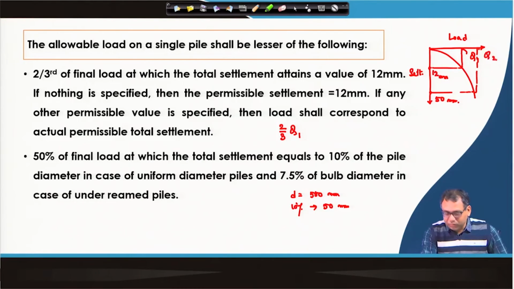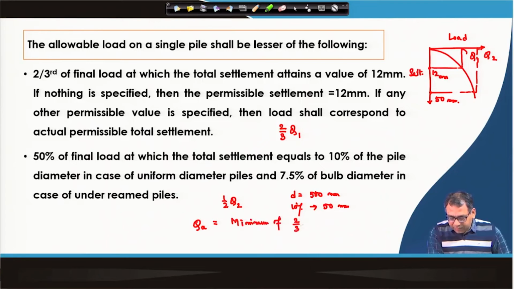This is Q2. We will get half of Q2. So, the Q allowable will be the minimum of 2/3 of Q1 and half of Q2.